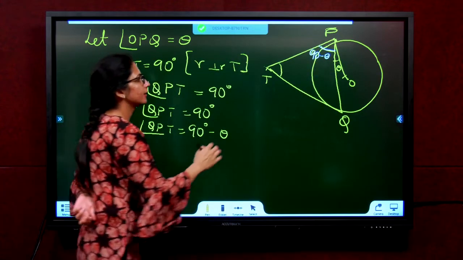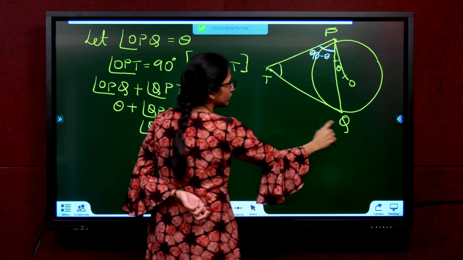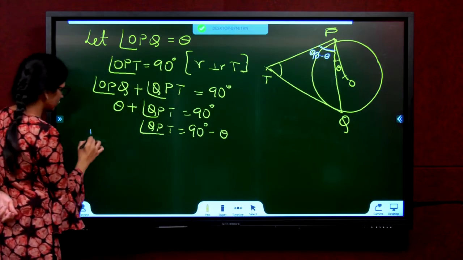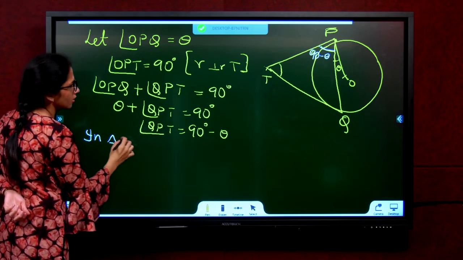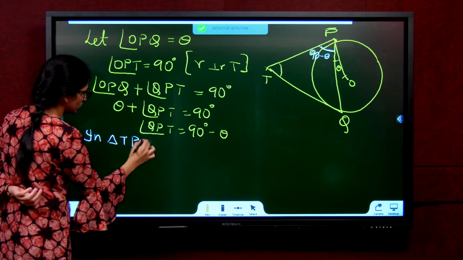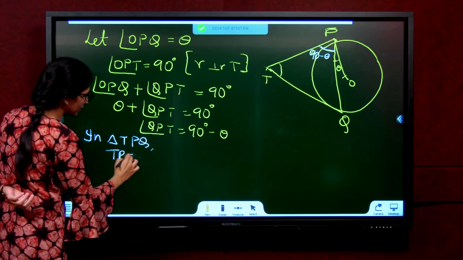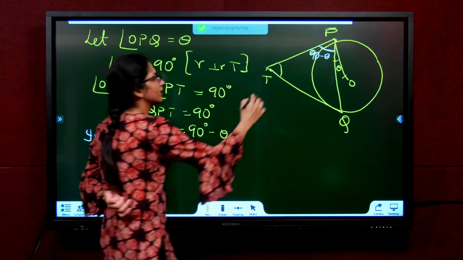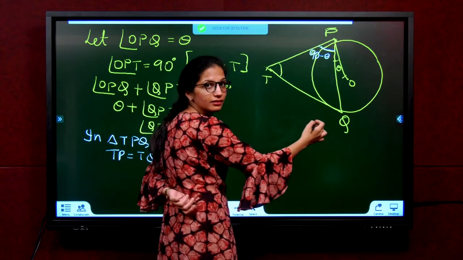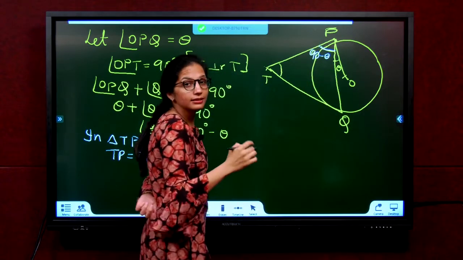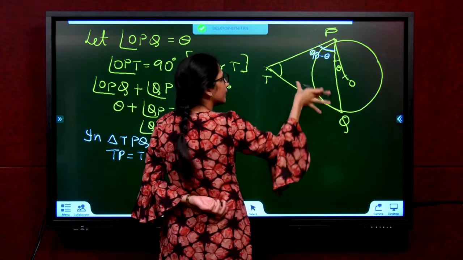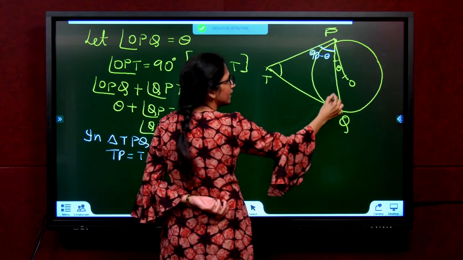We know that TP is equal to TQ. In triangle TPQ, TP is equal to TQ. So will this be an isosceles triangle? Yes. If two sides are equal, it's an isosceles triangle. TP equals TQ. These two angles will become equal. Why?